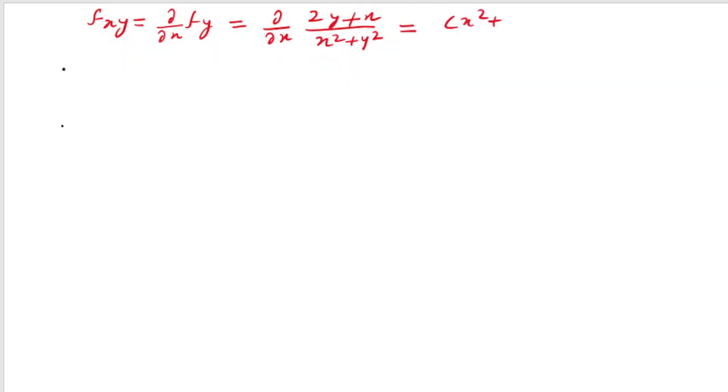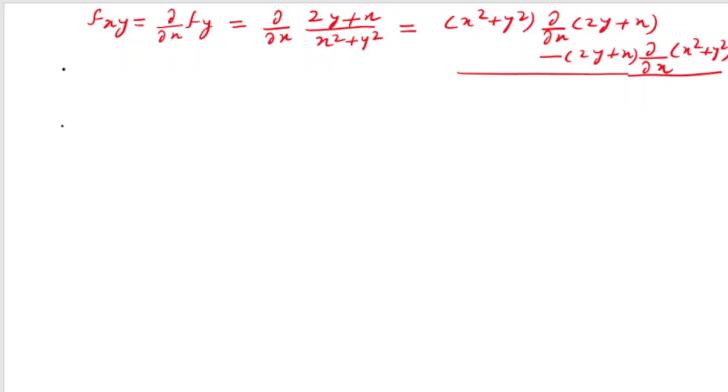So x square plus y square del by del x of 2y plus x minus 2y plus x del by del x of x square plus y square, and then this whole thing is divided by x square plus y square whole square. So just to save space, I am writing starting from here.